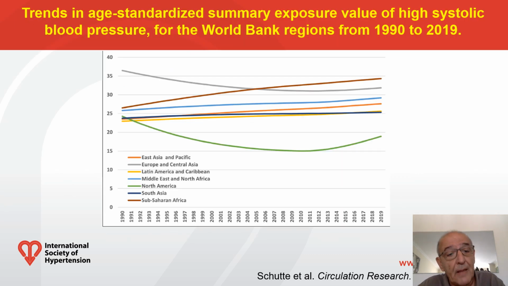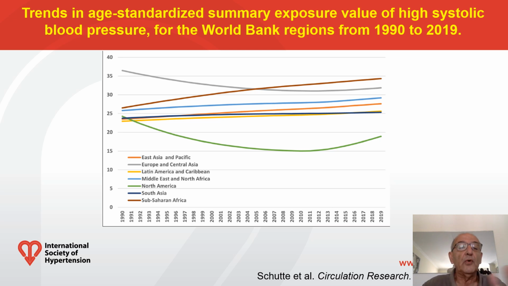This is another, more recent paper that shows the trends of the effect of exposure to high systolic blood pressure. You can see that this gray line here is Europe and Central Asia. It has been decreasing from 1990 to 2019. The same happens in North America, this green line.